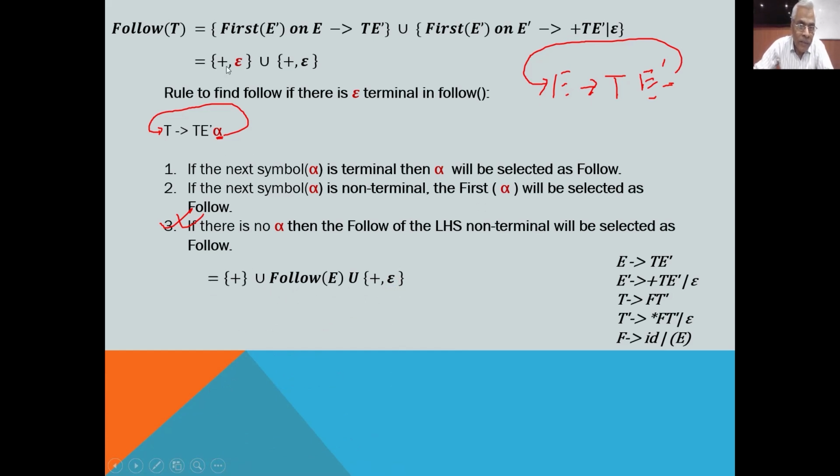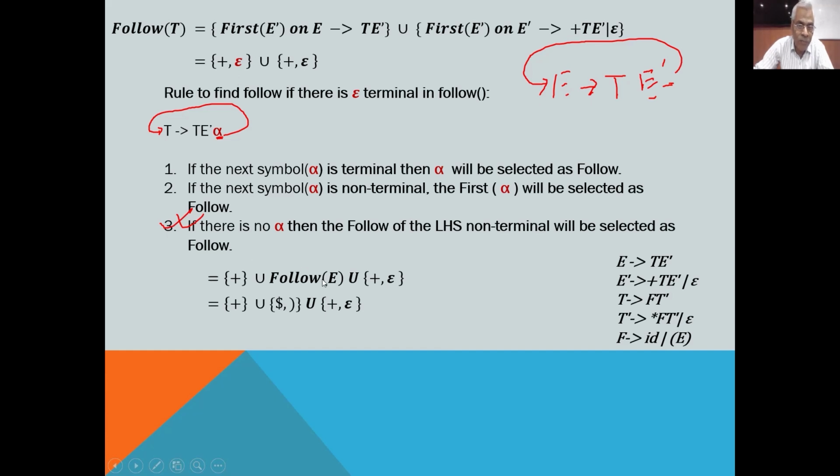So I have written here plus, and due to this null symbol, by using this third rule, there will be some terminal, and that terminal will be follow of E, and union of this plus and epsilon. So follow of E, we know follow of E, so we put the symbol of follow of E at this place, plus from this symbol, and follow of E from this null due to this third rule.